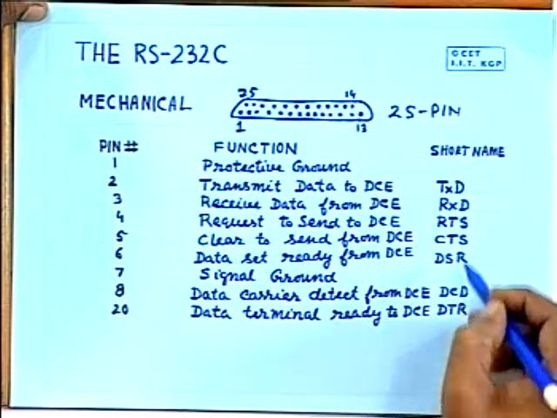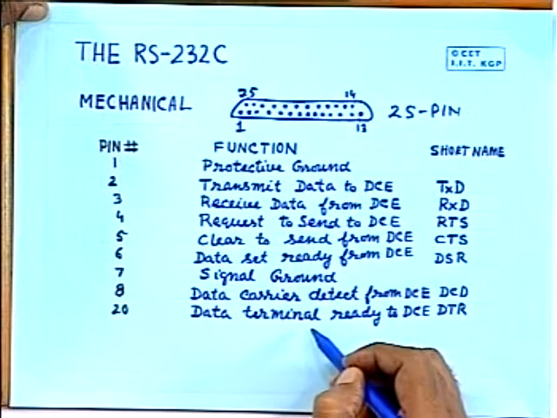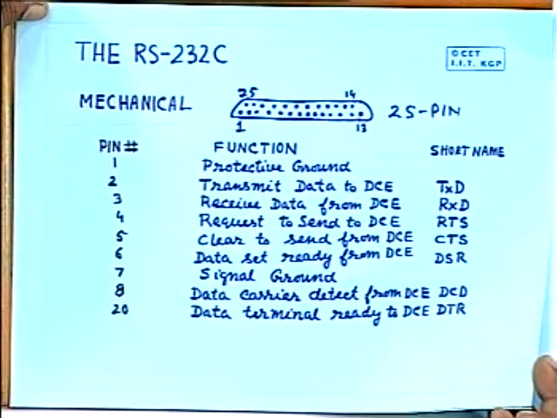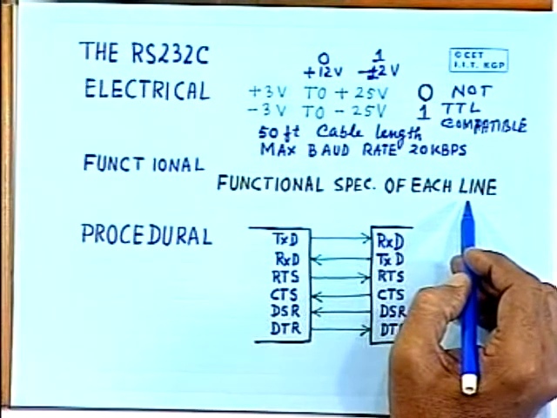So these are the commonly used pins, and their functionalities are shown here. So the functional specification specifies the function of each of these lines.